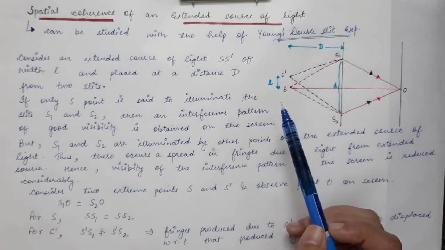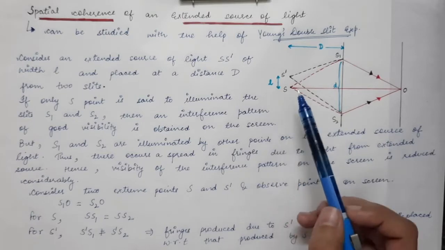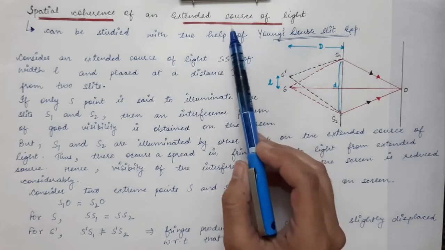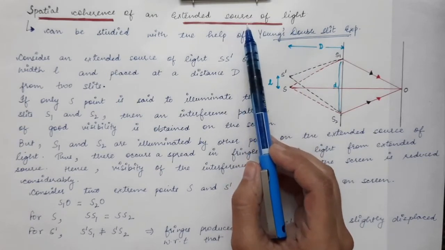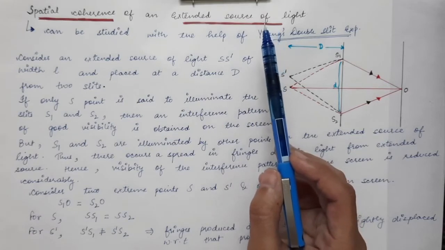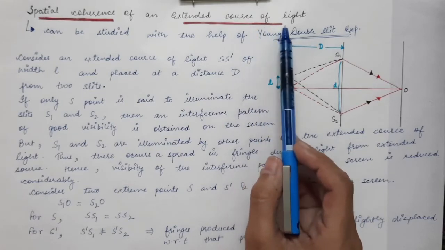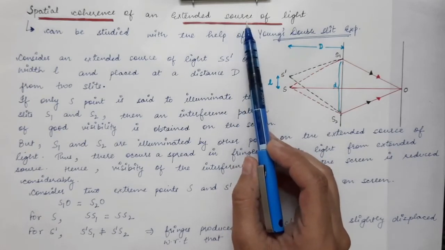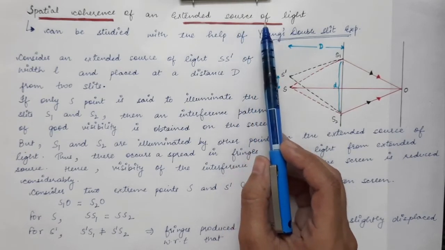But over here we have an extended source of light, which means there is an infinite number of point sources present in the extended source.